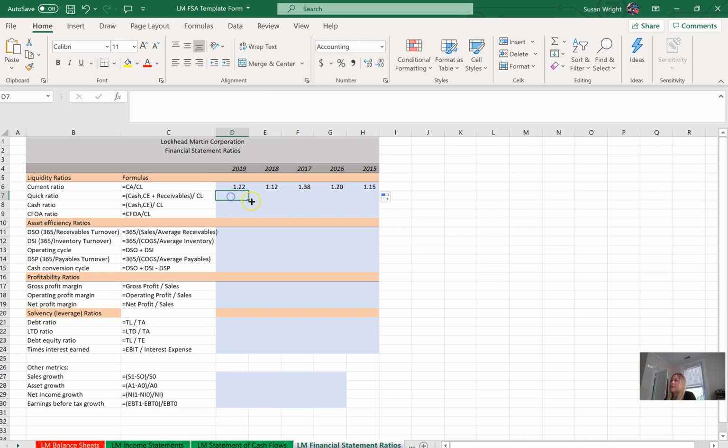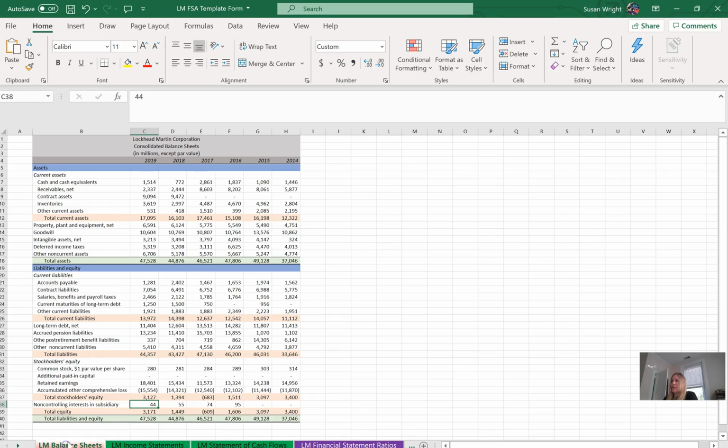All right, now this is a way for us to gain a little bit of insight, because oftentimes the current assets section of the balance sheet contains items that are going to take a long time to convert to cash. So for instance, this inventory, probably when we sell it, goes into receivables first, and then we get the cash, right?